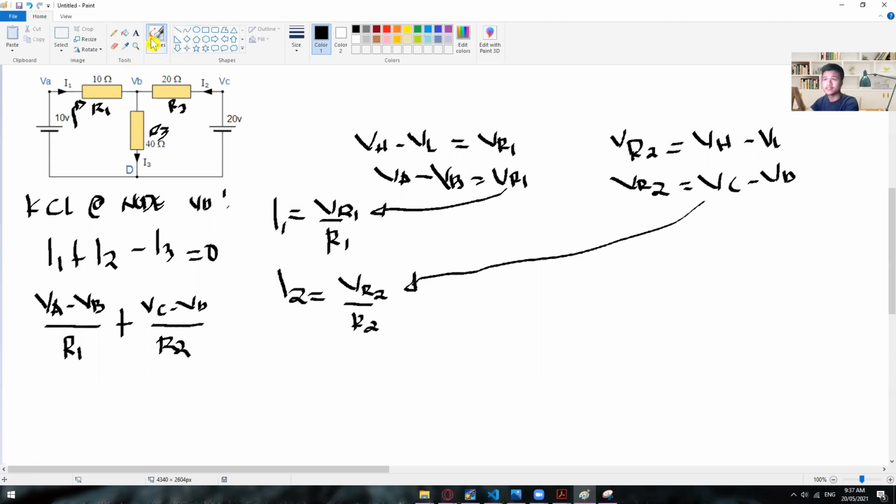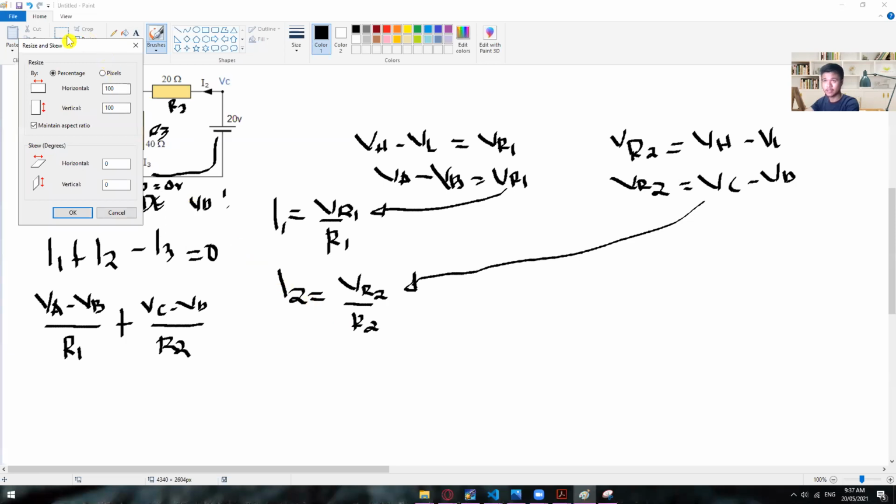As you can see right here, the one connected on the negative side is this node B, and the same with this one on the negative side, or the electron side, is this D. As we all know, ground is always 0 volts, or the reference node is always equal to 0. So in here, we already know that VD is equal to 0. We can actually use that already.